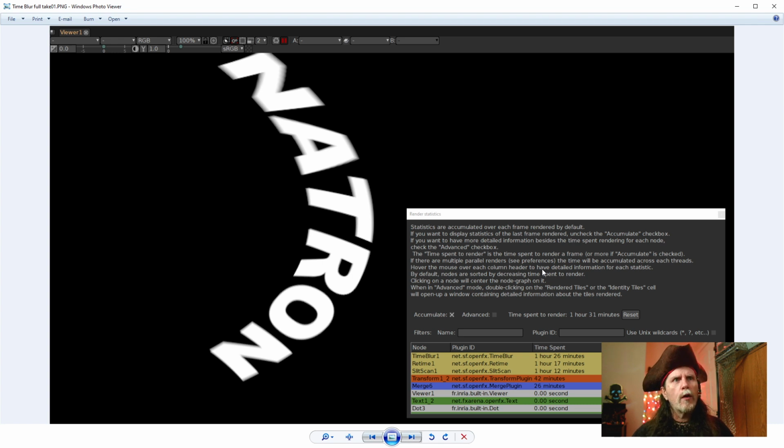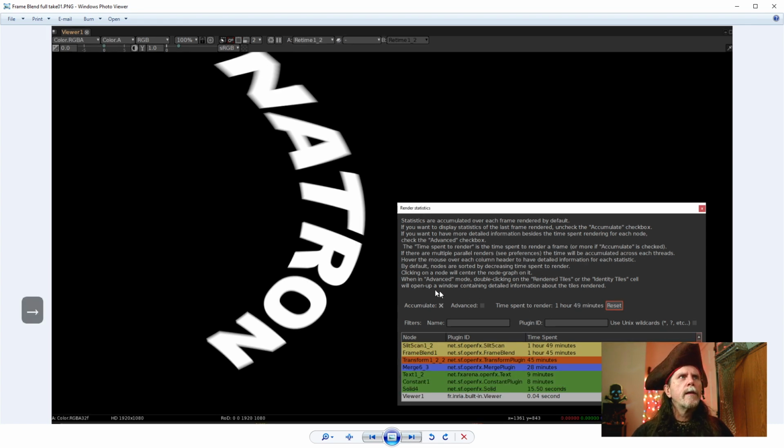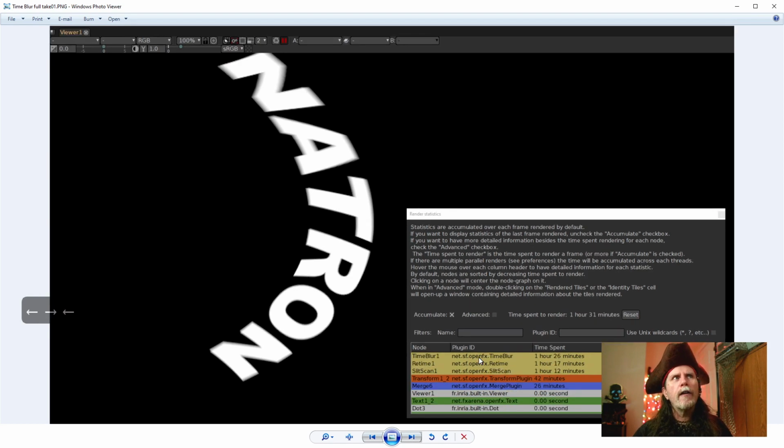So then I went over and did it using the FrameBlend, and lo and behold, we see something totally different: FrameBlend is suddenly taking longer to render than before. You can see that these results are very, very similar.